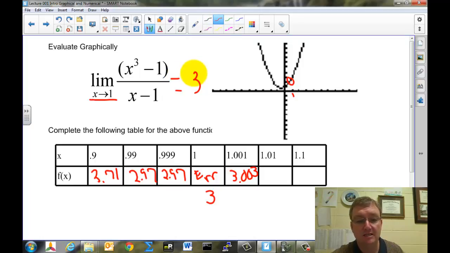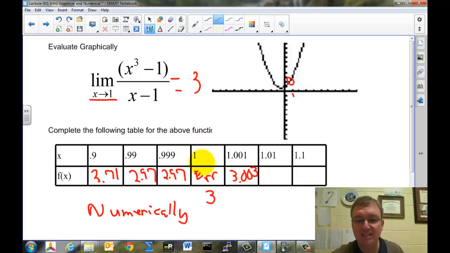This is an example, by using this chart down here, of solving this problem numerically by simply plugging in numbers around what we're looking for. Notice what happens when we plug in the number 1, we get an error. So if we had gotten a number out there, we could just know that the limit's that, more than likely.